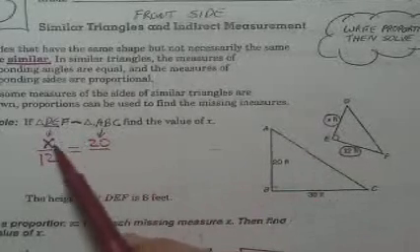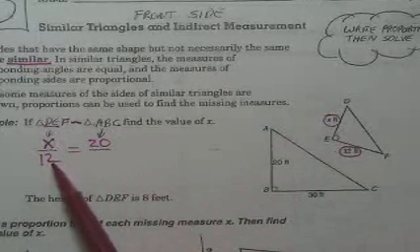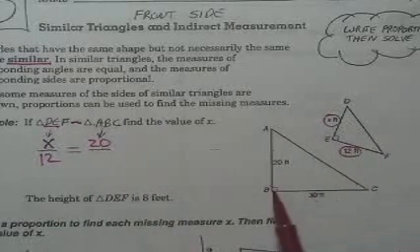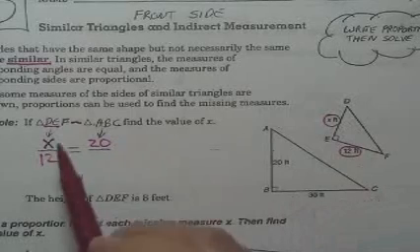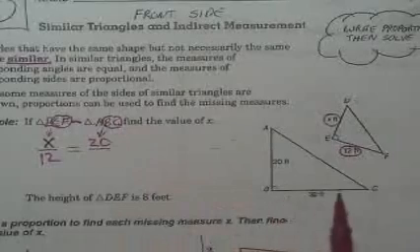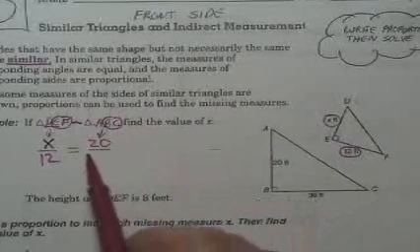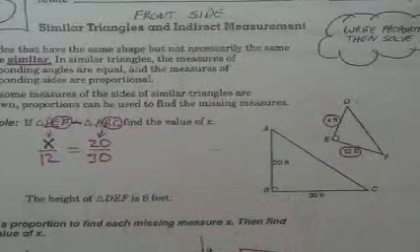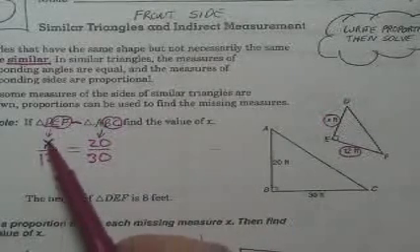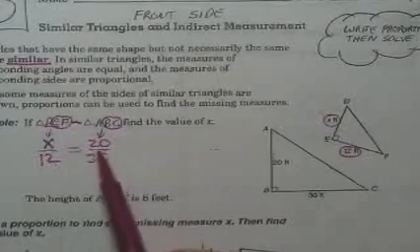That matches up with the X. Now, what matches up with the number 12 on this triangle? We have EF. That would match up with BC. See that? EF matches up with BC. I look at BC. It's 30. So we're saying this ratio of X over 12 should equal 20 over 30.